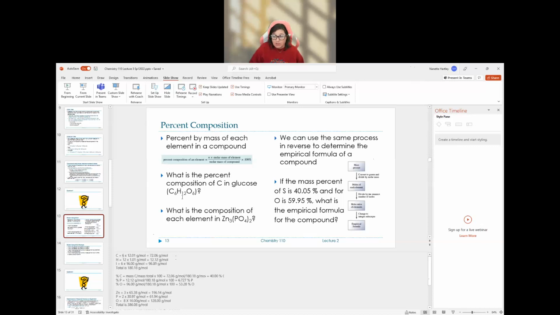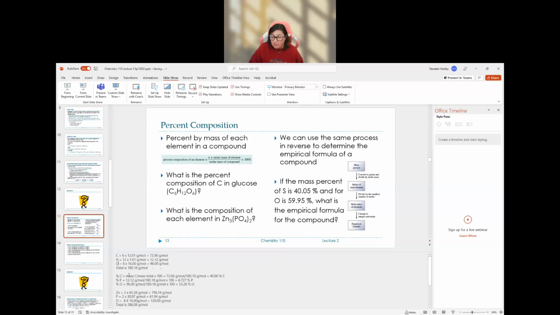The hydrogen, being 12 of them, is 12 times 1.01 grams per mole, which gives me 12.12 grams per mole. Oxygen, there are 6 of them times 16.0 grams per mole equals 96 grams per mole. The total mass, if I add all 3 of these together, is 180.18 grams per mole.